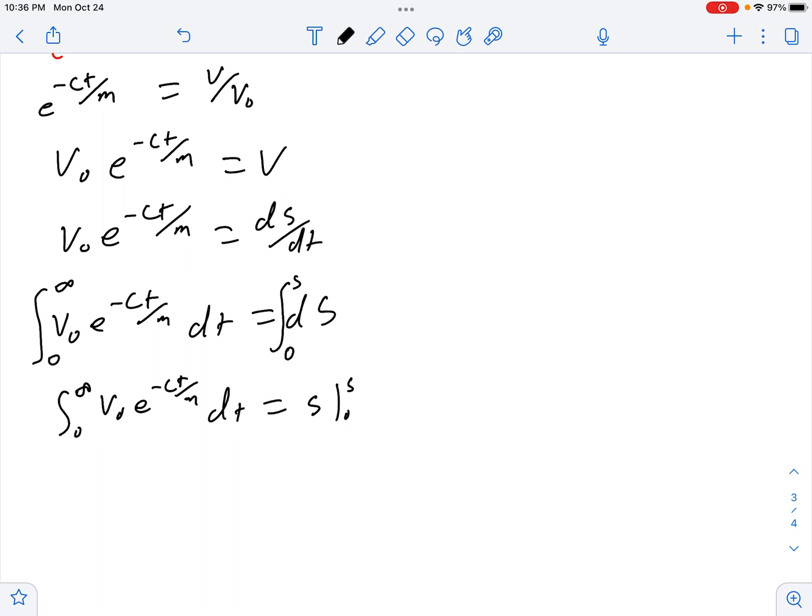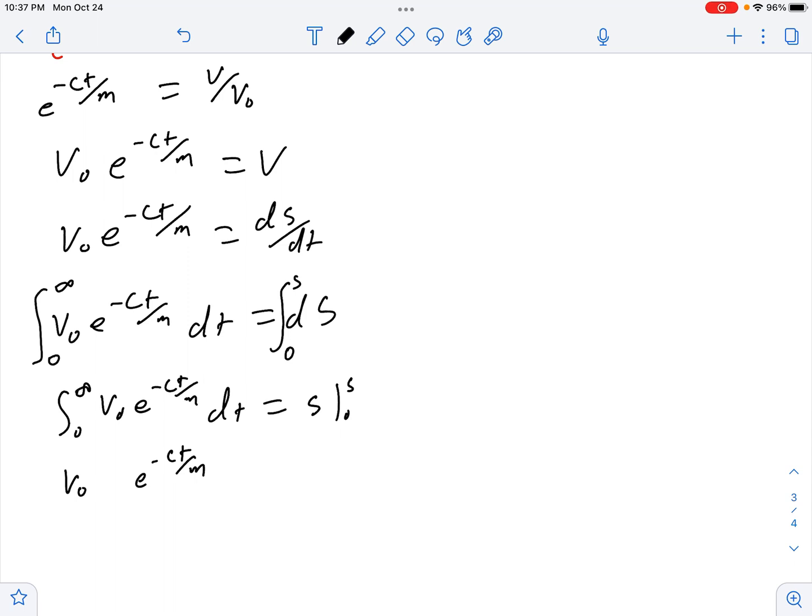Let's see, v naught is a constant. The integral of e to the x is just e to the x. It's another one of those funky identities. So we've got e to the negative ct over m. But we have to worry about the exponent. Like the integral of e to the 2x would be e to the 2x, but there'd also be the derivative of 2x to worry about.